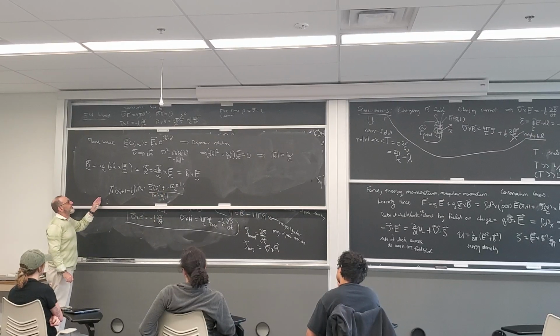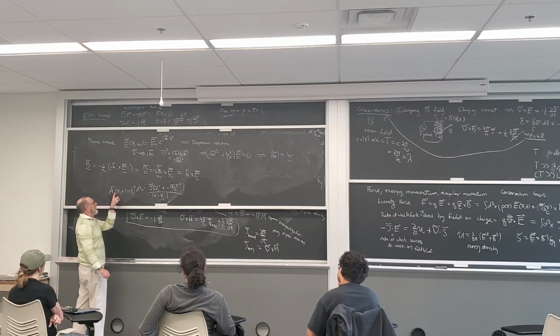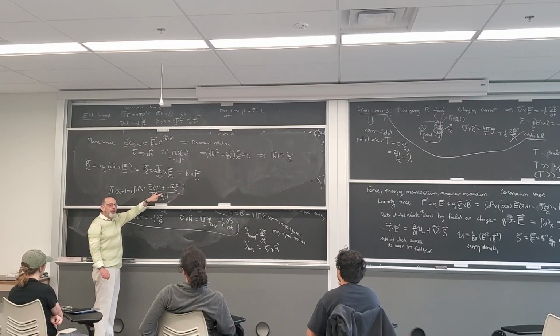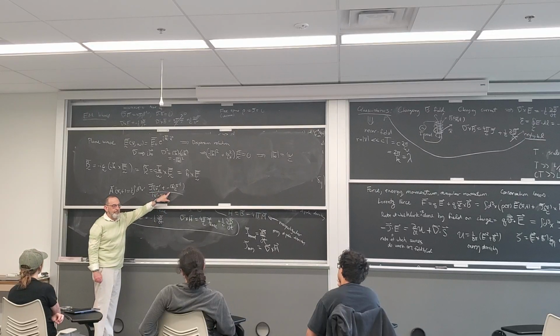Sure. So this is the solution where the field that I see at some space-time point is related to what the sources were at a space-time point that's related to the retarded time.